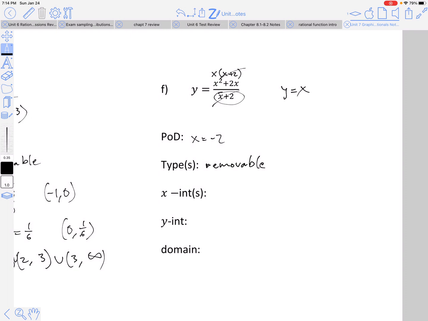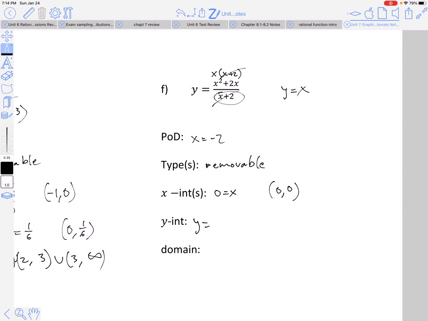Okay, so for my x-intercept, I replace y with 0. My x is already alone. At 0, 0, the graph is going to pass through, so the x-intercept is at 0. Now, to find my y-intercept, remember the y-intercept happens when x is 0, so I already have a hint of where it will be.